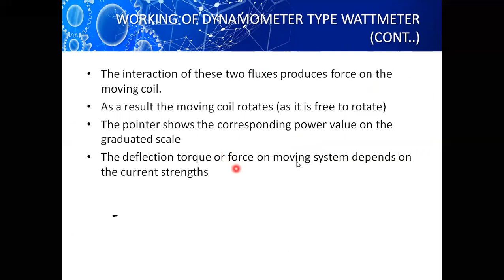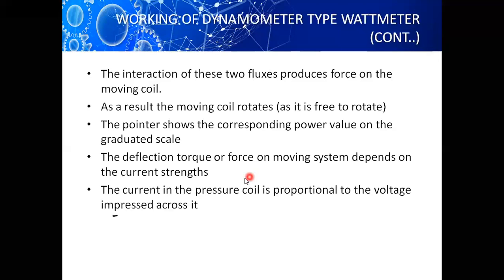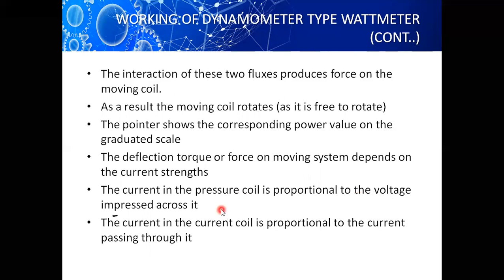The deflection torque or force on the moving system depends on current strength. Current strength means the current through the fixed coil as well as the current through the moving coil. Current in the pressure coil is proportional to the voltage impressed across it. We have seen this already. Current in the current coil is proportional to the current passing through it, which is the load current.